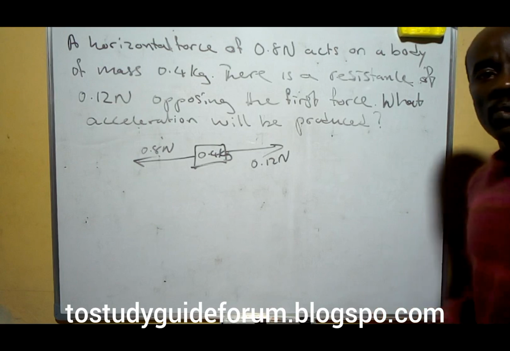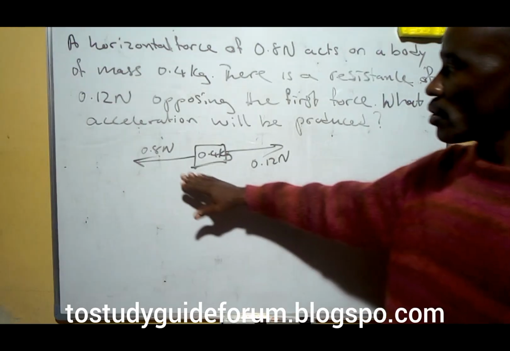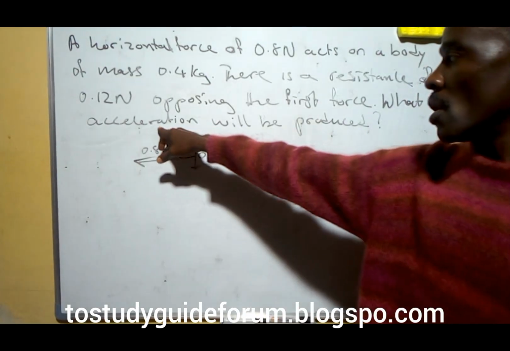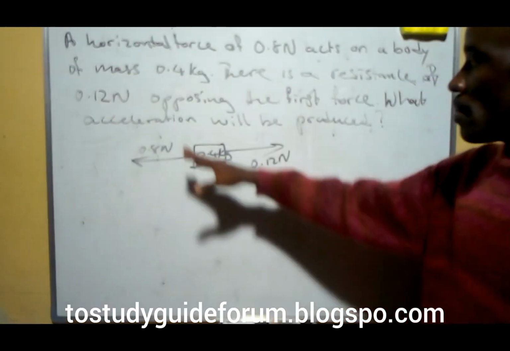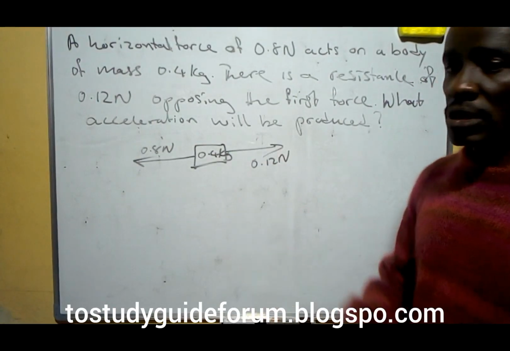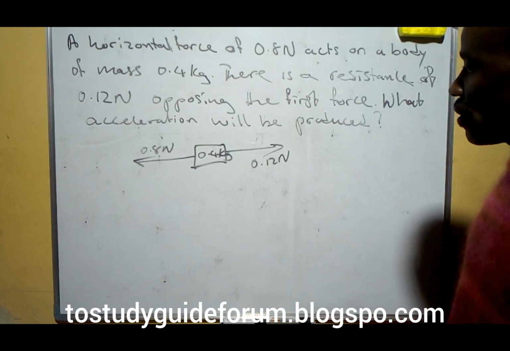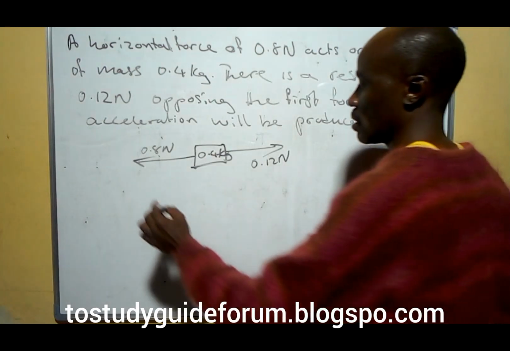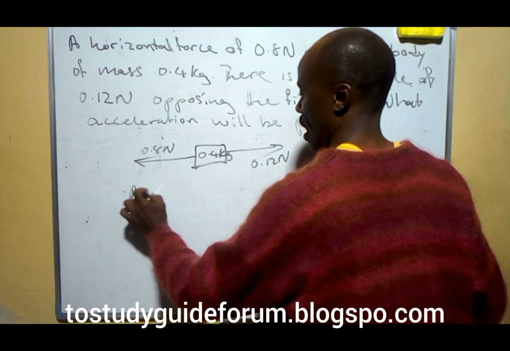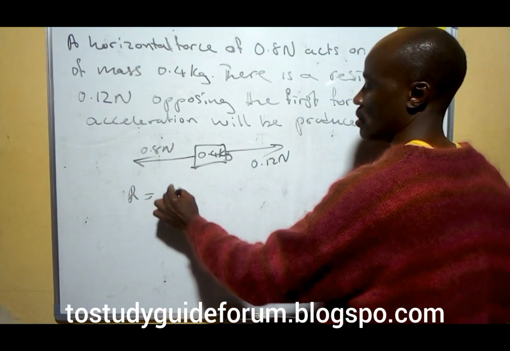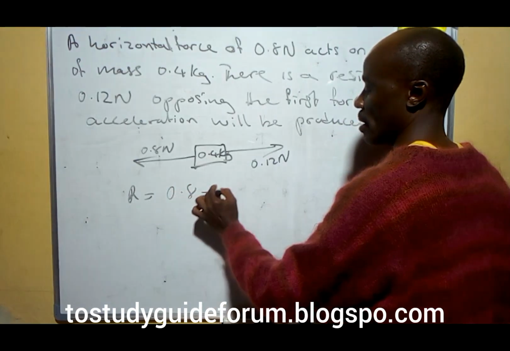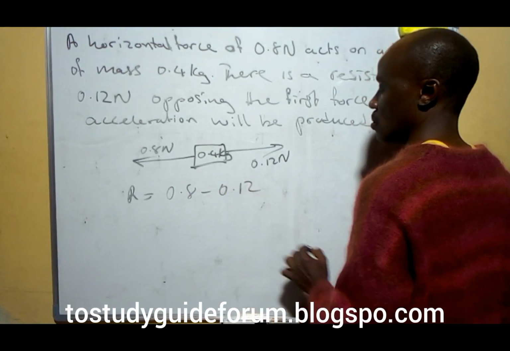The first thing we're going to do here is to resolve the two forces. In order to get what we are asked to calculate, resolving the two forces means that the resultant R will be 0.8 minus 0.12.